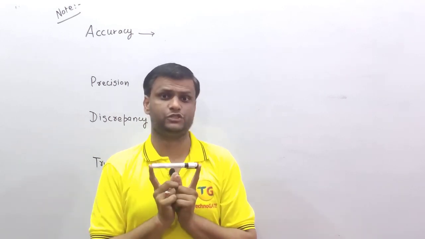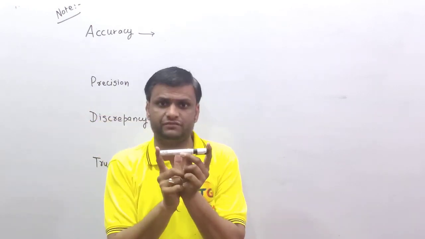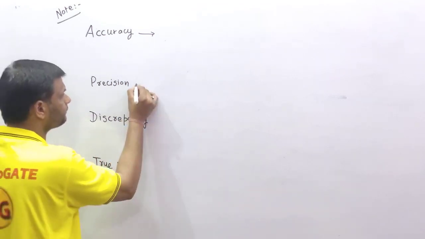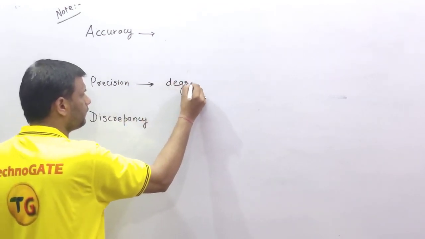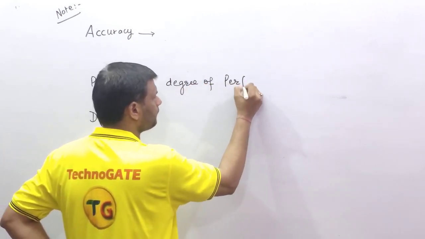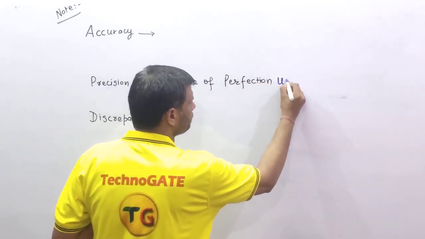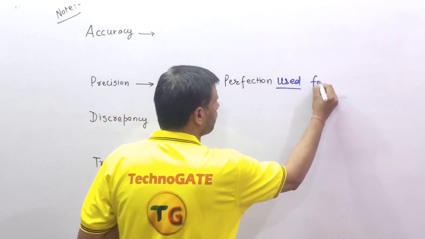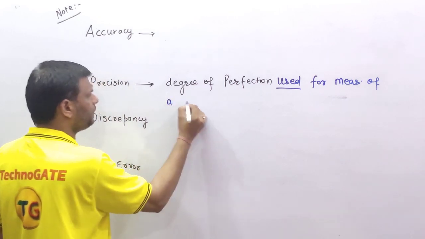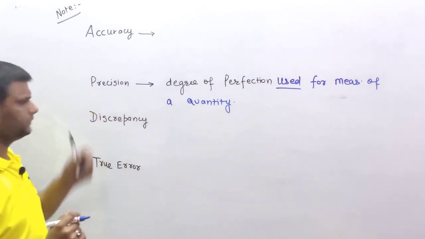The precise instrument, the perfect instrument used for measurement of this length is called the precision, or you can say, please be careful, the degree of perfection used for measurement of a quantity is called the precision.